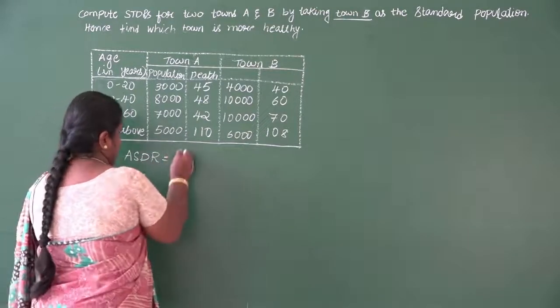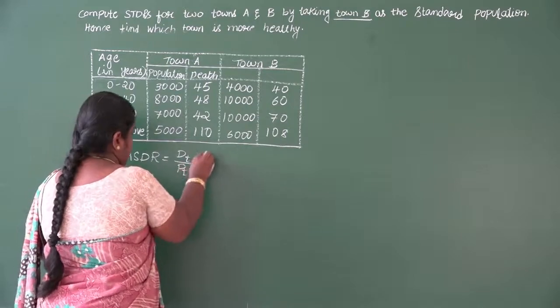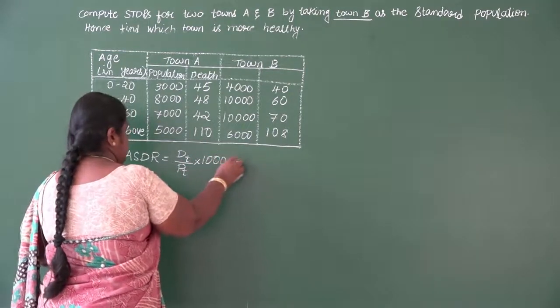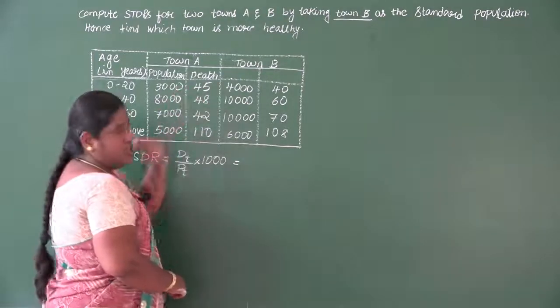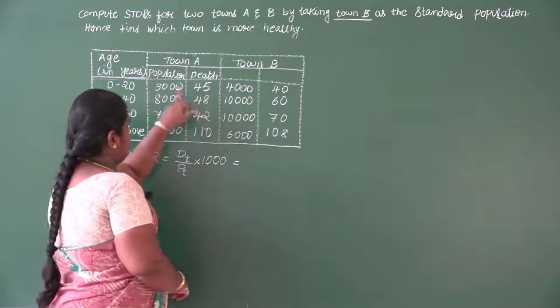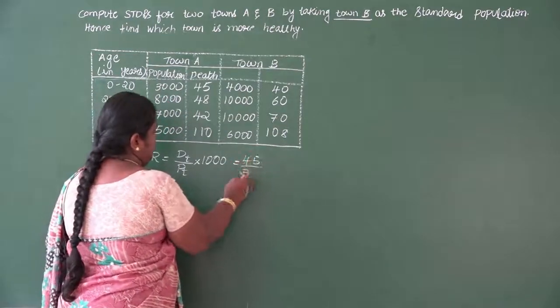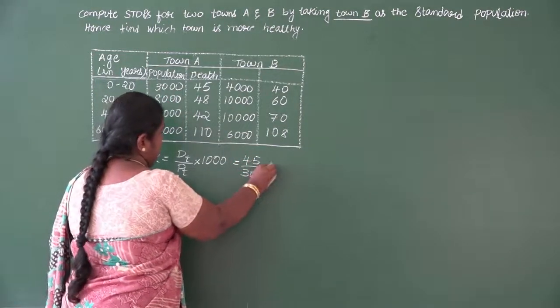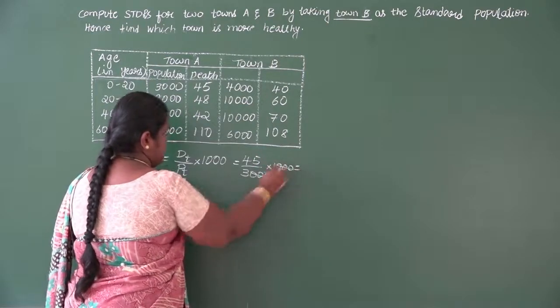So ASDR formula is DT divided by PT into 1000. So since ASDR will be found only for town A, I'll write it here. So 45 divided by 3000 into 1000. So you can cancel this 1000 and 1000.